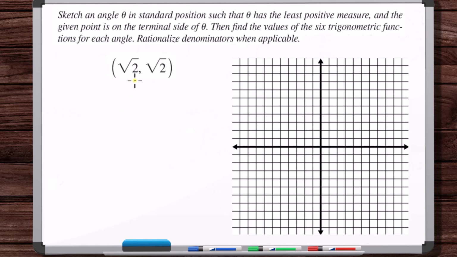Square root of 2 is about 1.41, so about here, right there.